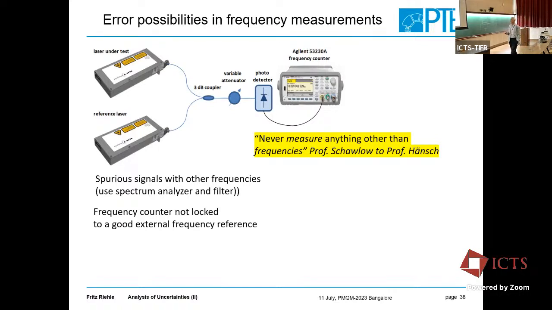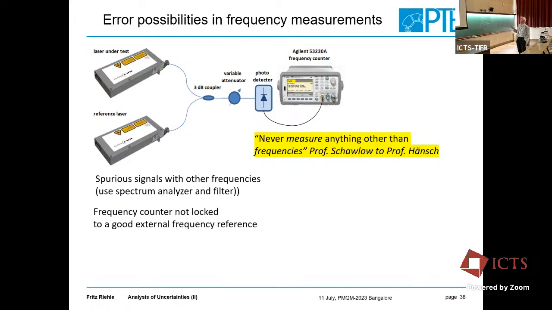This is also an often made error. You have a frequency counter that has an internal frequency generator, a quartz oscillator, for instance, that gives the reference frequency. If you make very accurate measurements, the fractional uncertainty of the built-in oscillator is typically around 10 to the minus 7 or so.